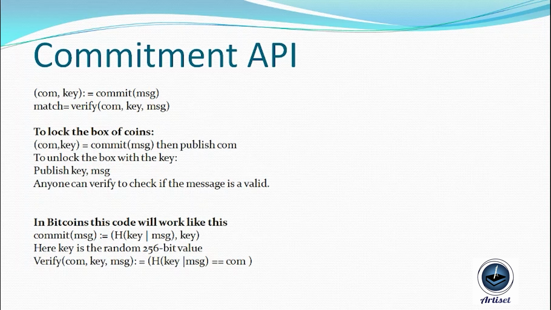Now, to lock the box of coins, that means to encrypt, key is equal to commit(message) will be used. Then you can publish your key, that is the commitment. To unlock the box with the key, that means to reveal the message, you can publish key and message so that anyone can verify and check if the message is valid.